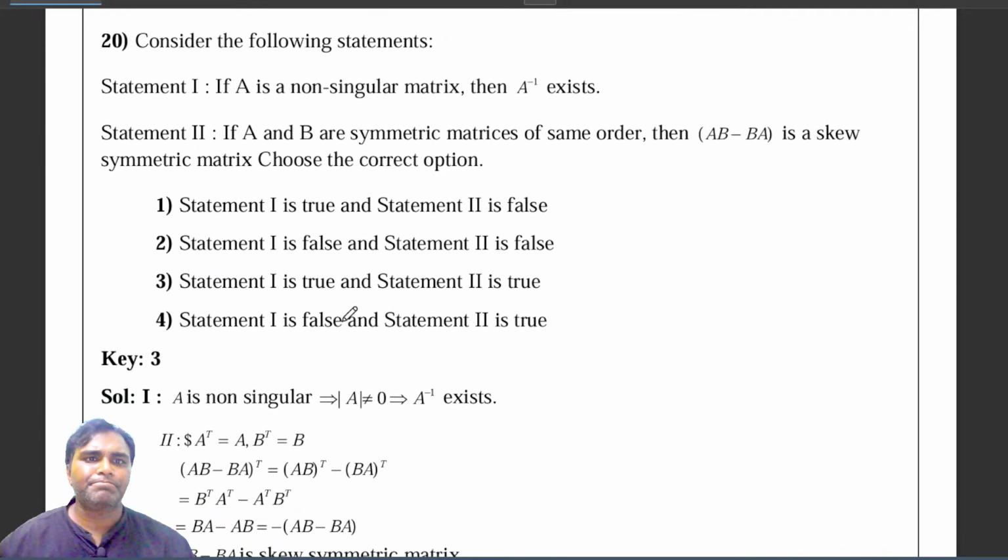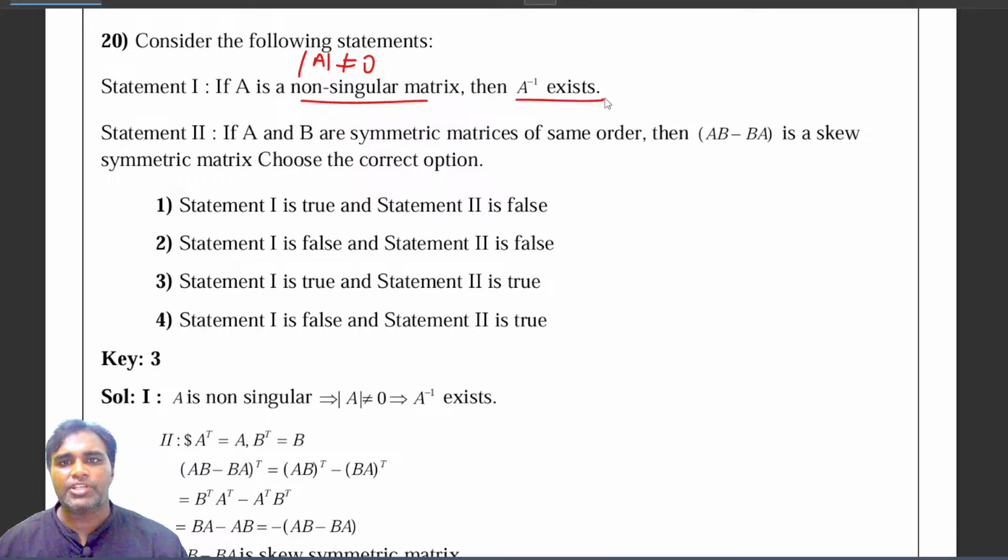20th. Let's see statement 1. A is a non-singular matrix, means determinant of A is not 0. Then A inverse exists 100%. Whenever the matrix is not singular, it is invertible. So statement 1 is correct. A and B are symmetric matrices of the same order. Then what about AB minus BA? So now let's take the transpose of AB minus BA.